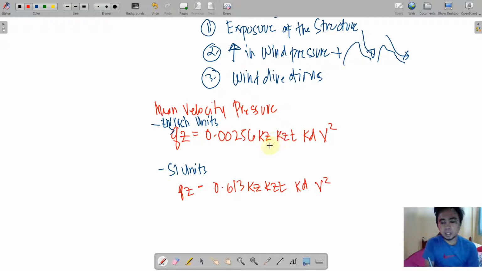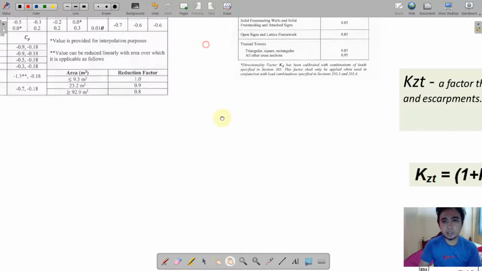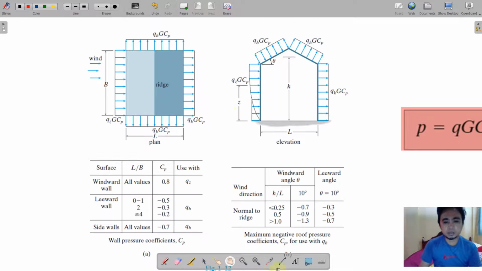If the height is increasing, of course, we can say our building becomes more exposed. But if it is low, the building has less exposure in terms of mean velocity pressure. Okay, so you can find that in the tables here. I think that is Table 1-5, which accounts for that one.